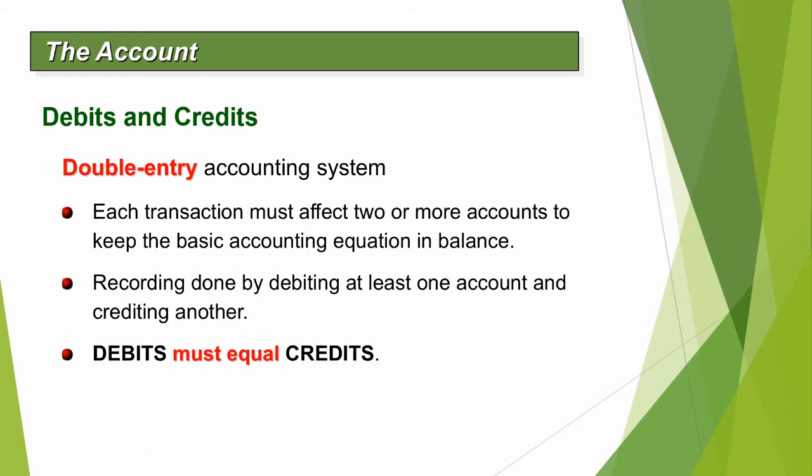The sum of all debits must equal the sum of all credits. The double entry system for determining the equality of the accounting equation is much more efficient than the plus or minus procedure.